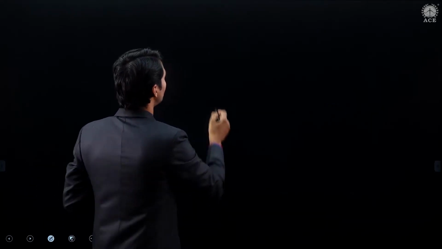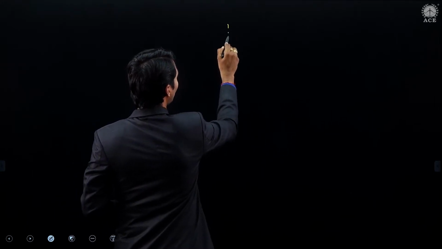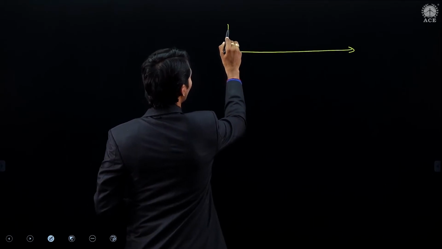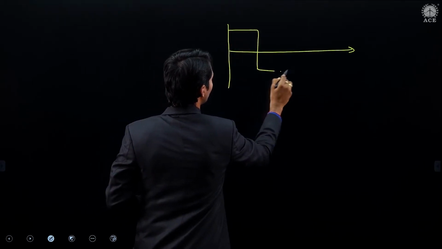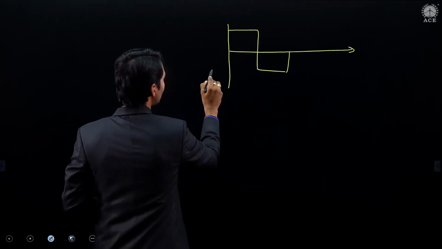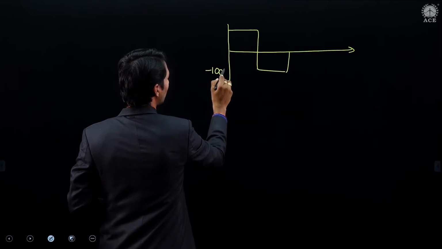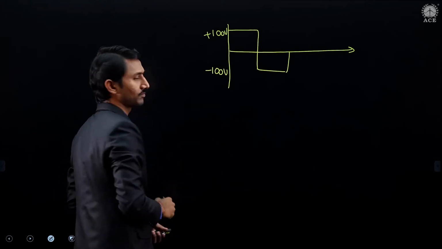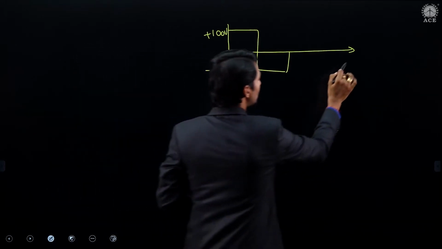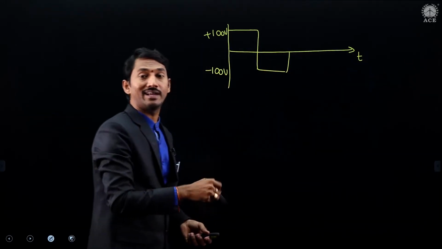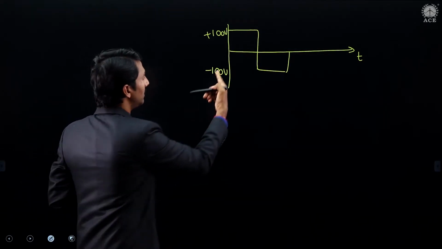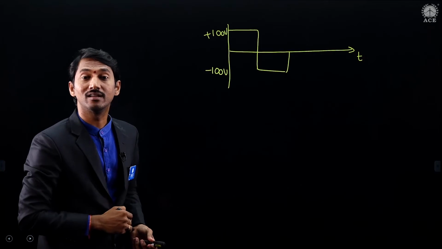First, let us take the square wave given value. This is the square wave, right? What is this value? Minus 100 volt. Here it is plus 100 volt. Sir, this is given to which device? Rectified type corresponding device. Rectified type means this will be rectified by the rectifier first.